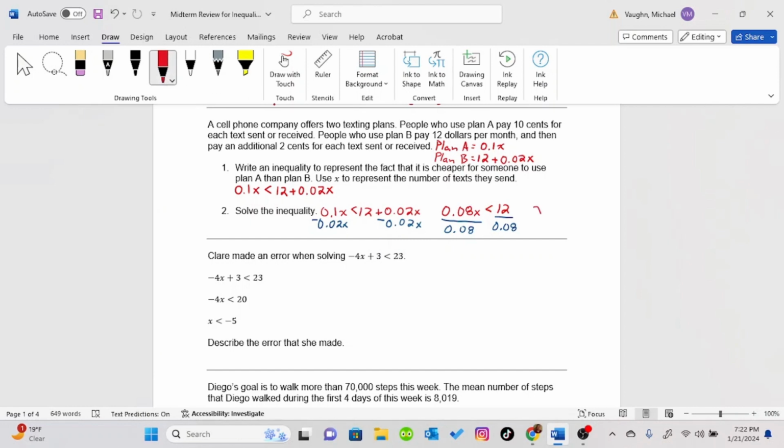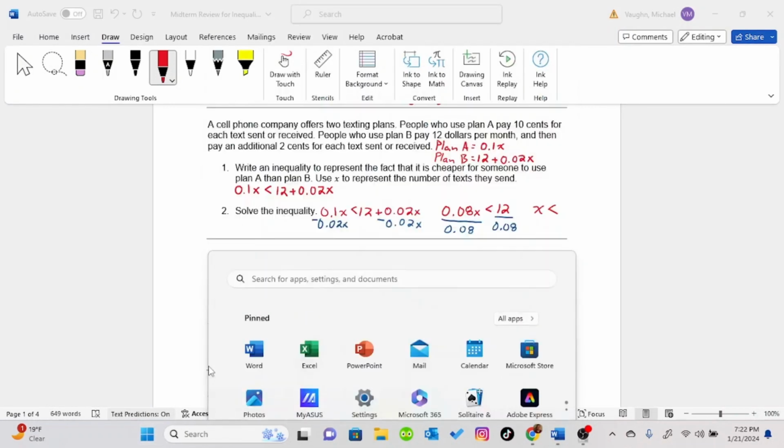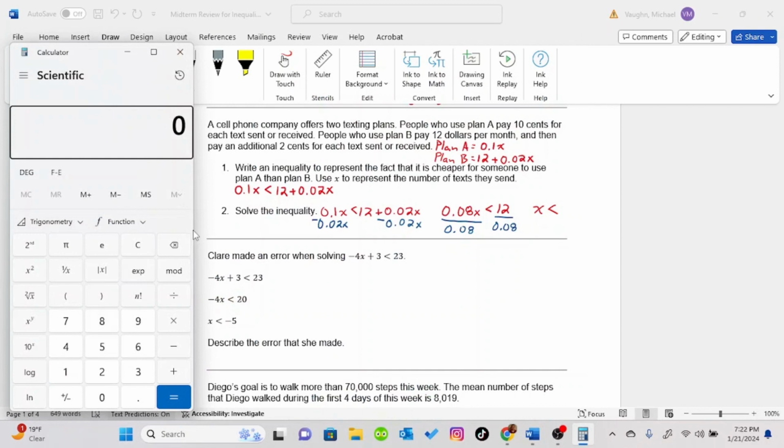And we're going to end up with x is less than 12 divided by 0.08 equals 150.